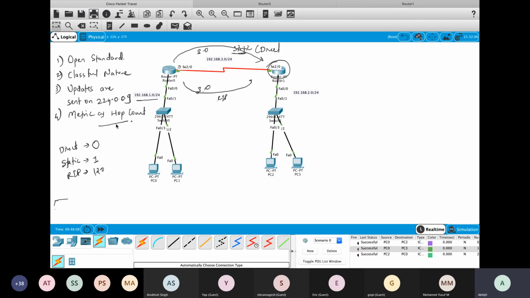So when I say that this particular router knows this network with the help of a directly connected network, that has an AD of 0. This lower value wins over the higher value of RIP. So whenever R2 is receiving an update for 3.0, it checks the AD value, and the router prefers the route that is directly connected.